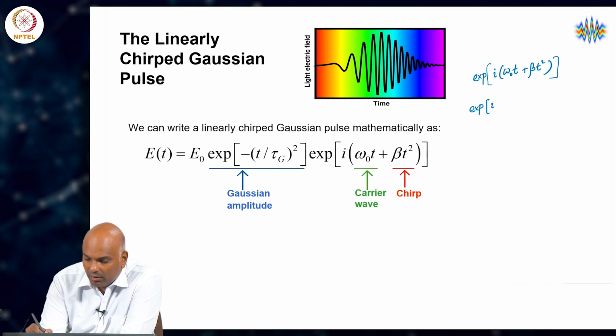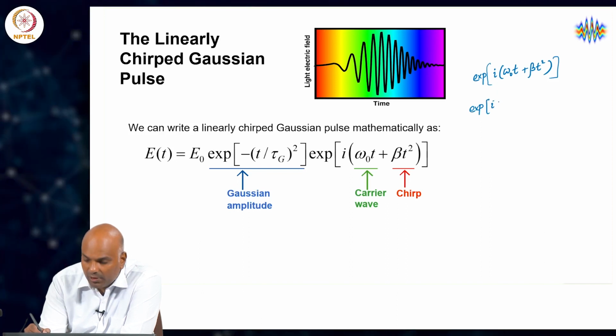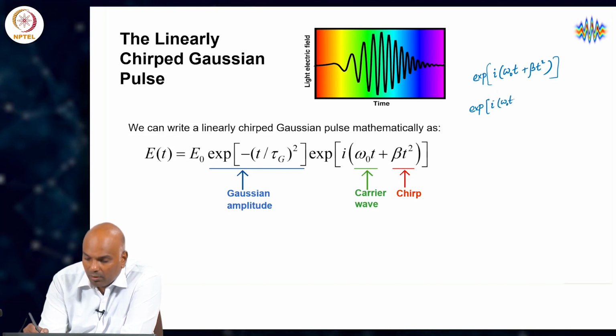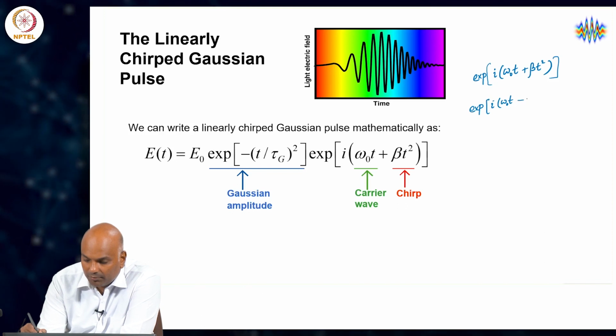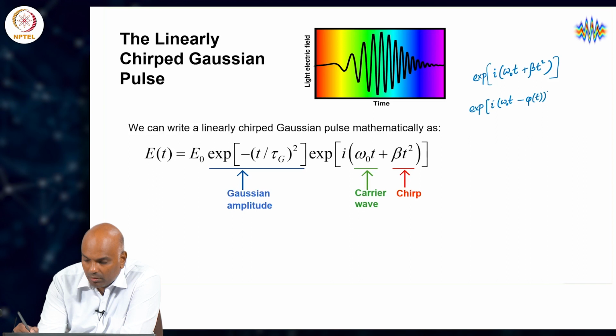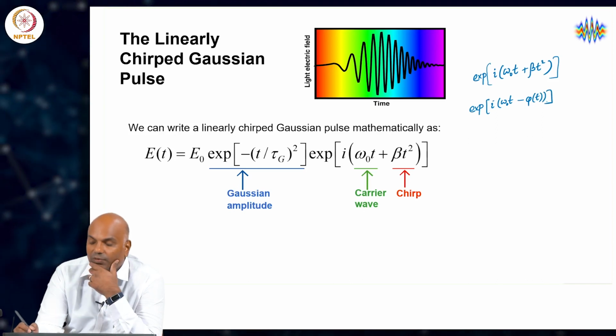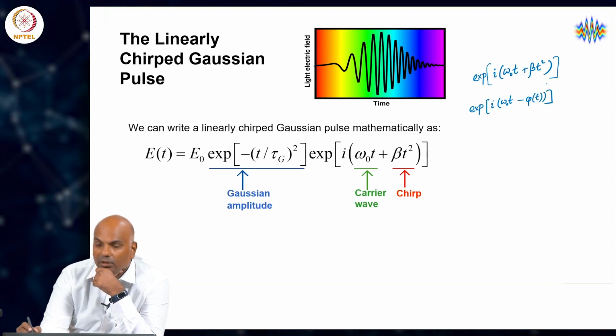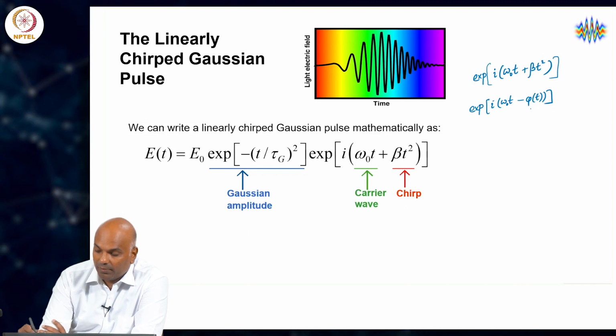We had viewed this earlier as omega naught t minus phi of t.